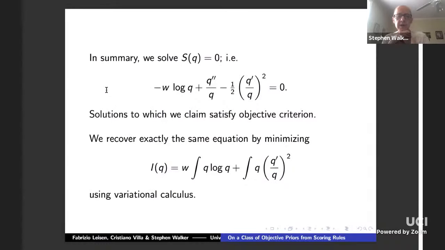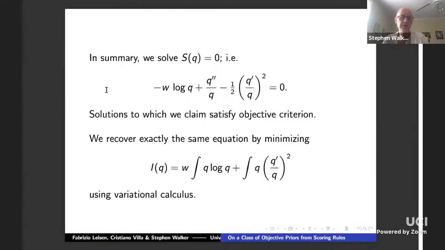Okay, so in summary, for me at least, we solve the score function to be 0. So there should be a theta in there. It's S(theta). So for every theta, the score value is 0. And that leads to this particular equation. And then it is also derivable through the variational calculus by attempting to minimize this notion of the combined information of Shannon information and the Fisher information.